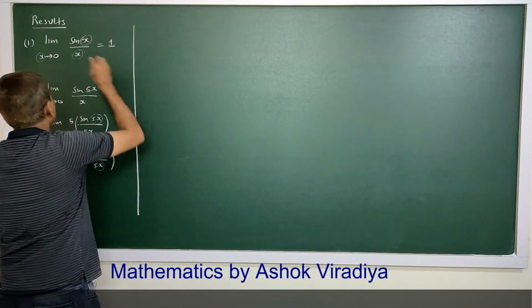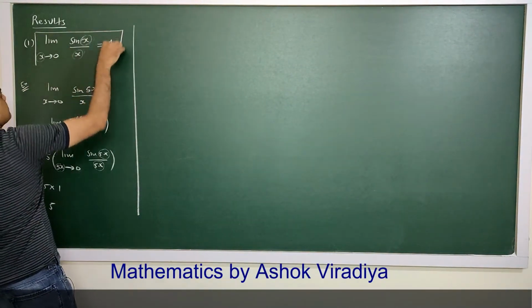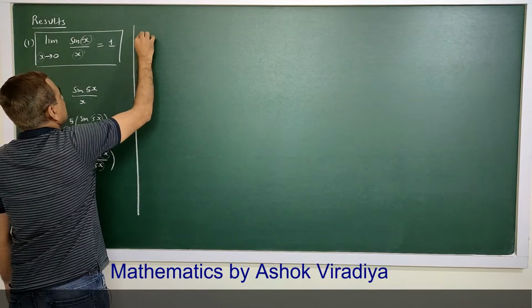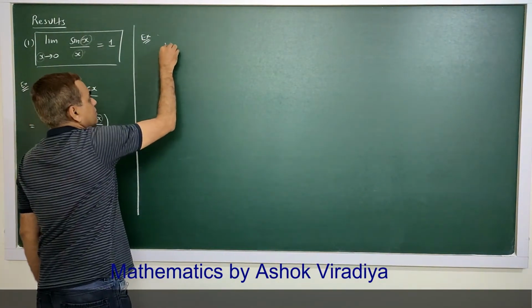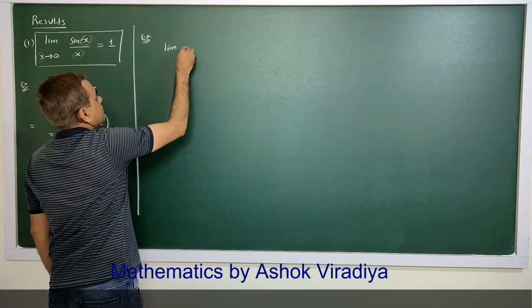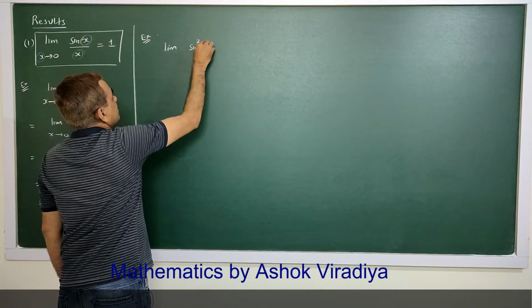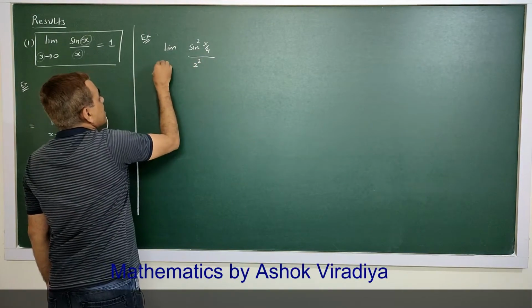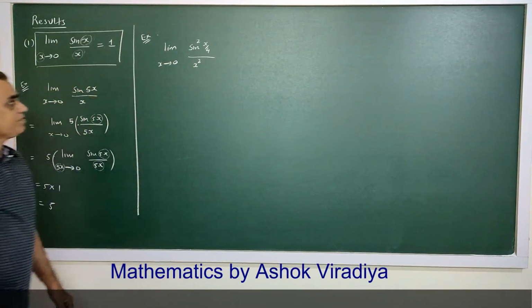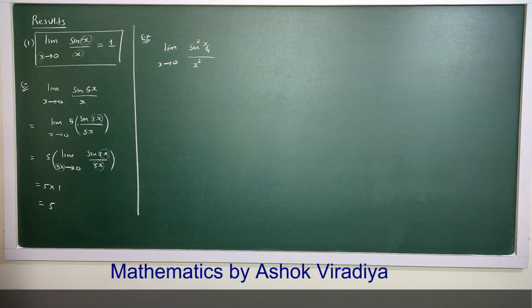Suppose one more question on this result. The limit of sin square x by 4 upon x square, x tends to 0. We want the limit of sin square x by 4 upon x square as x tends to 0.